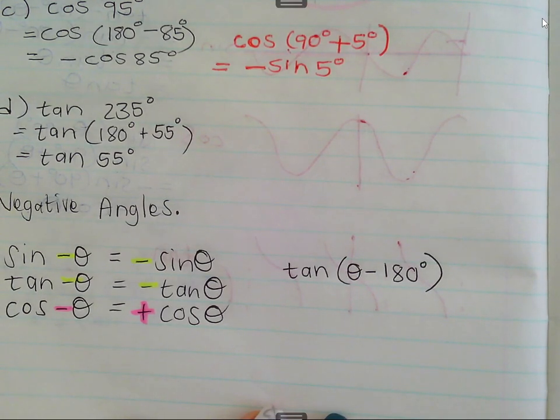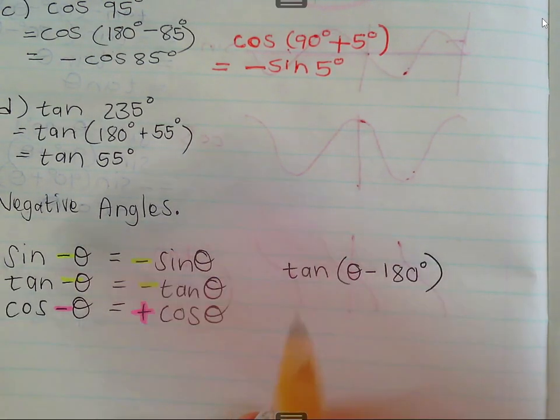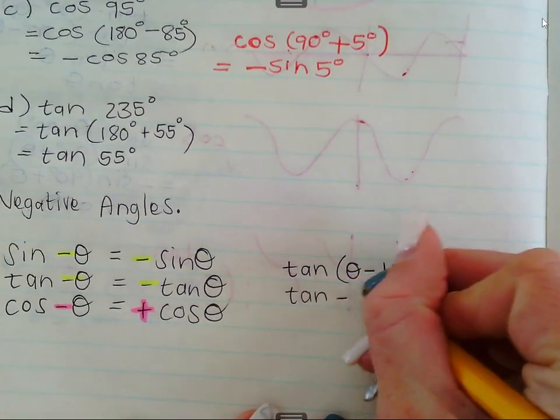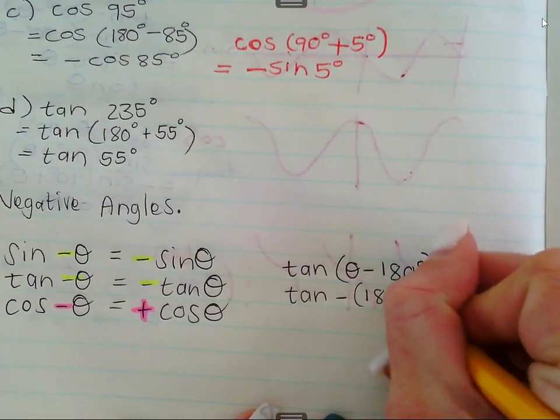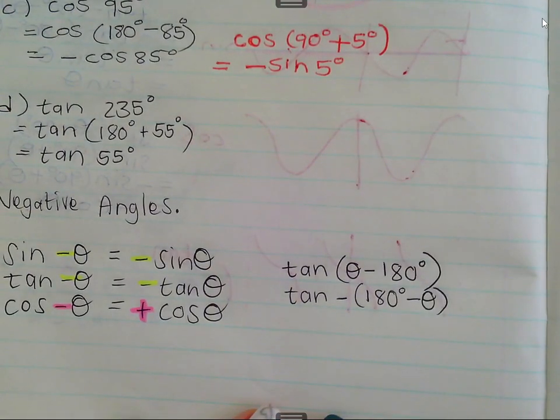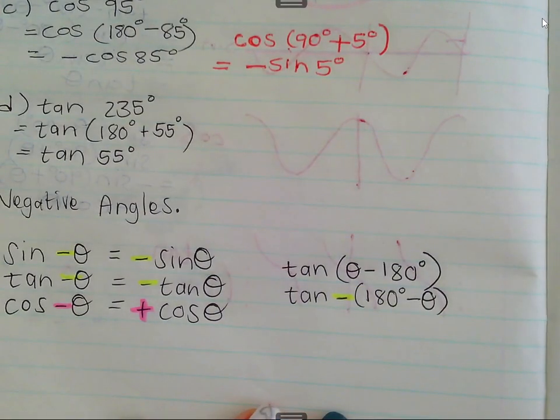I take out a negative. Now it's still the same. So I'm going to say this is tan, and I take out a negative of 180 degrees minus theta. And this right here is what it looks like when you've got a negative angle. Okay. So you create it by taking out a negative.